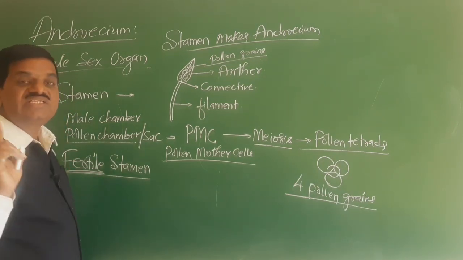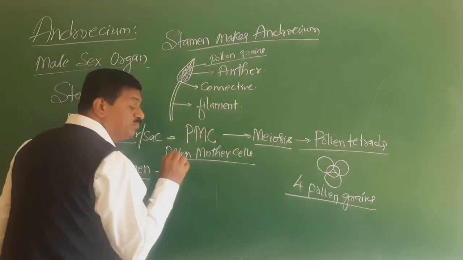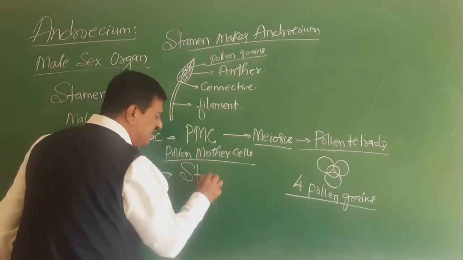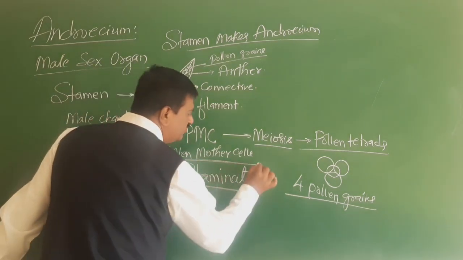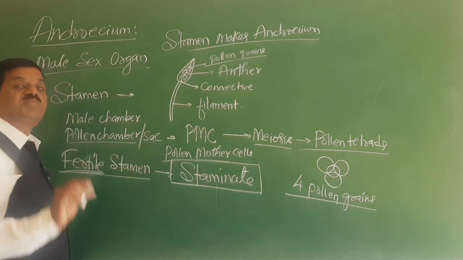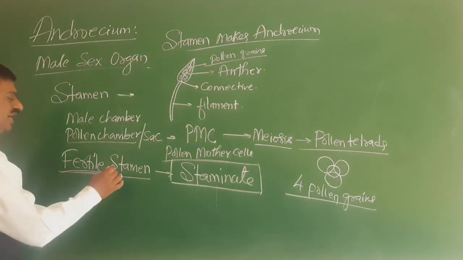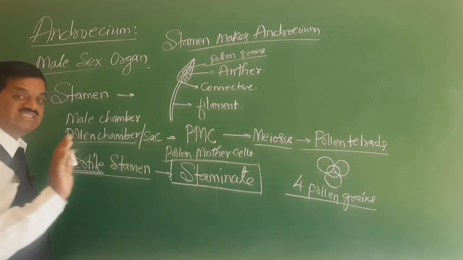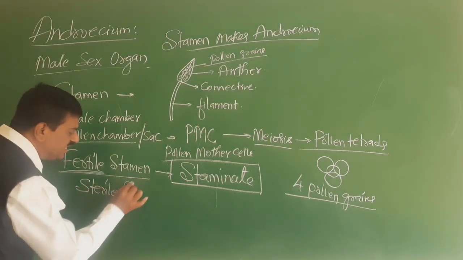When fertile stamens are present in a plant, such male plants are called staminate. So you can notice a difference here. It is called a male plant which helps in reproduction. So a plant with fertile stamens is called staminate, whereas some have sterile stamens.